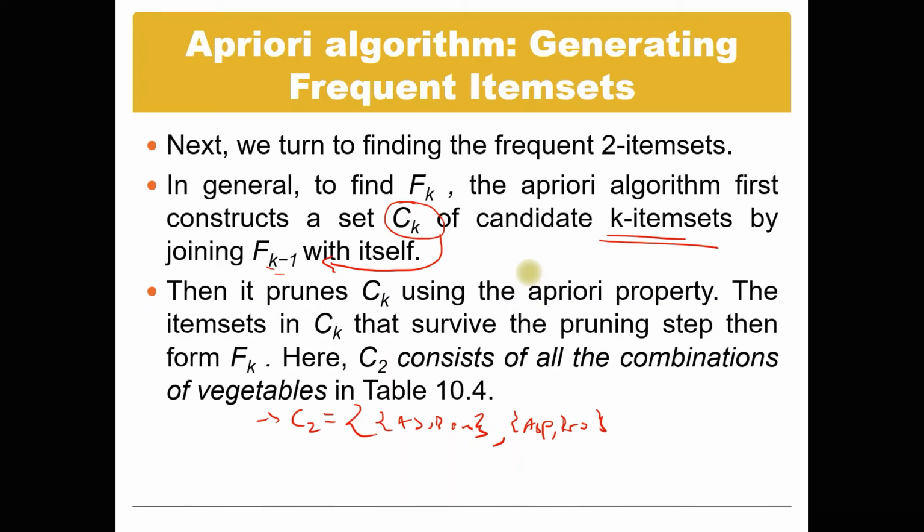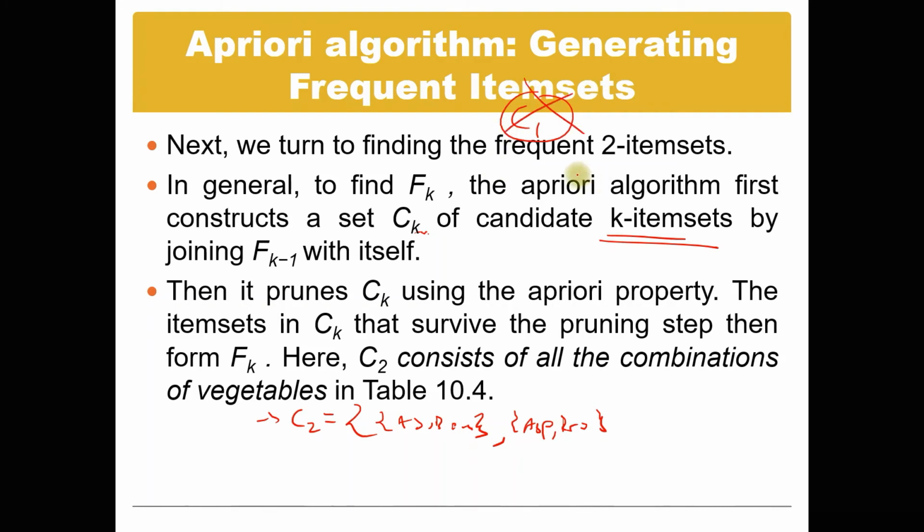We prune C2 in our example here because C2 has been formed from F1. So, in other words, we are not having an issue where the superset is going to be less frequent. This is not a problem because we are not making C2 out of C1.